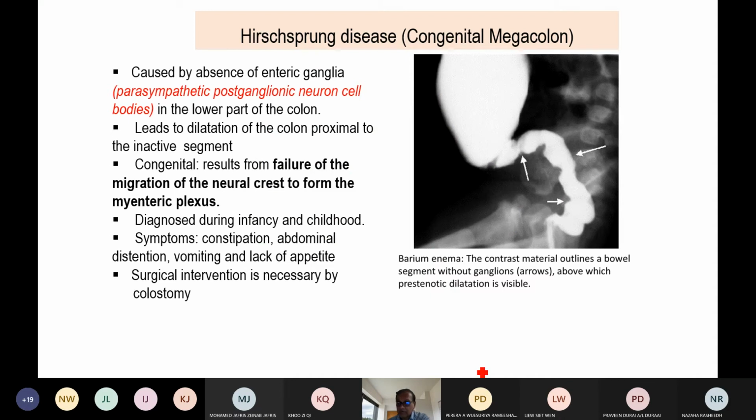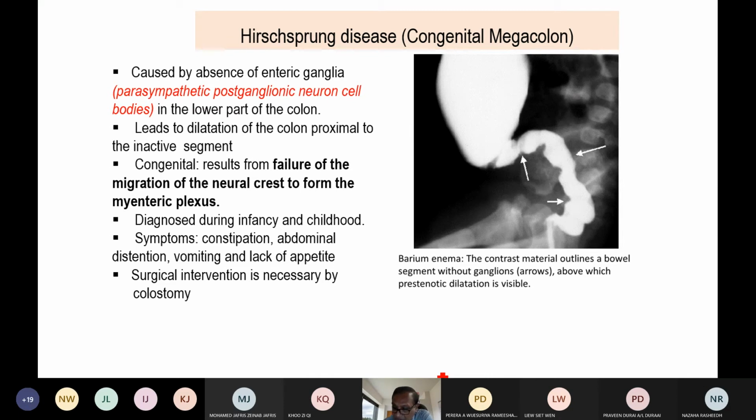Now, I already mentioned in the outcome that this is a very important congenital disease of children. What is happening is that a newborn child has dilatation of the large intestine, obstruction, cannot pass stool, and vomiting.